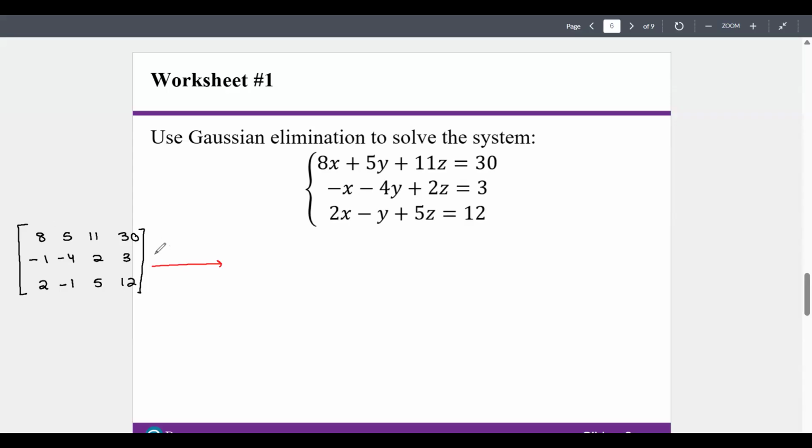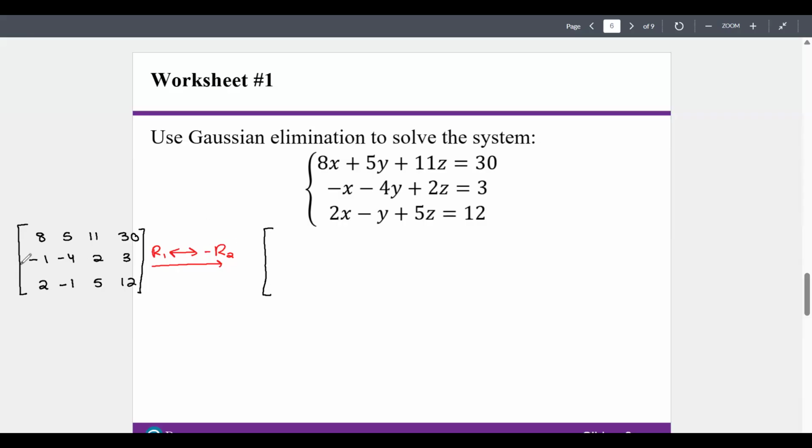We like to have a 1 up here, so we are going to switch R1 with R2. And not only that, I'm going to change it to a negative R2. So we're going to change this all from negative to positive. So we start out the way we'd like to with a +1 on top in the first corner here.